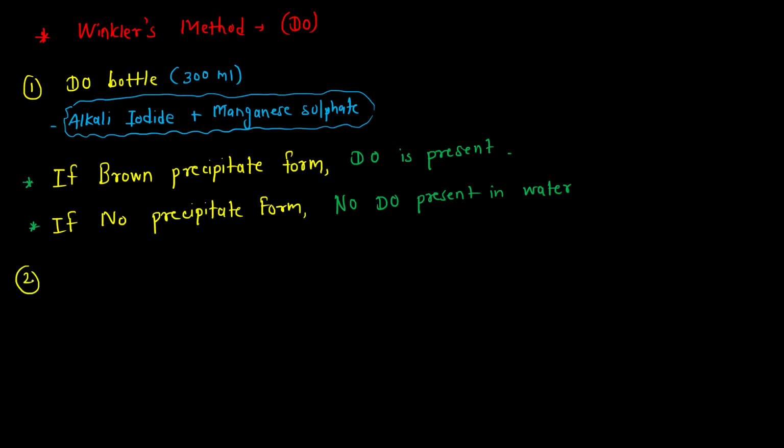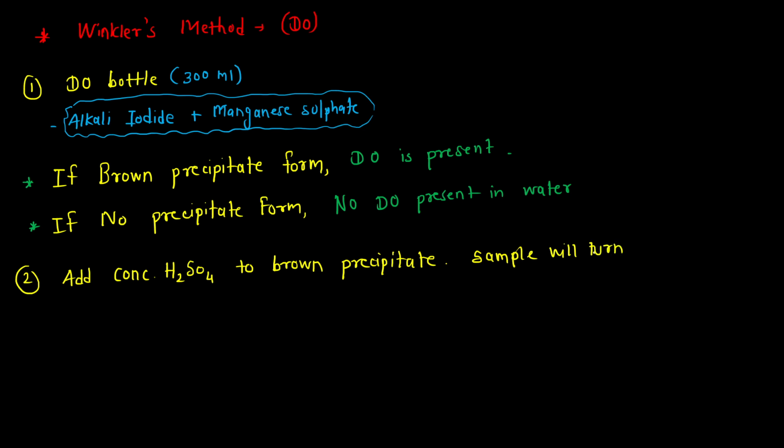Now if the DO is present, that is if brown precipitate is formed, then what we have to do? Then we have to do the titration, and for doing this titration, first we have to add concentrated H2SO4 to the brown precipitate. After adding this, the sample will turn into golden yellow color.